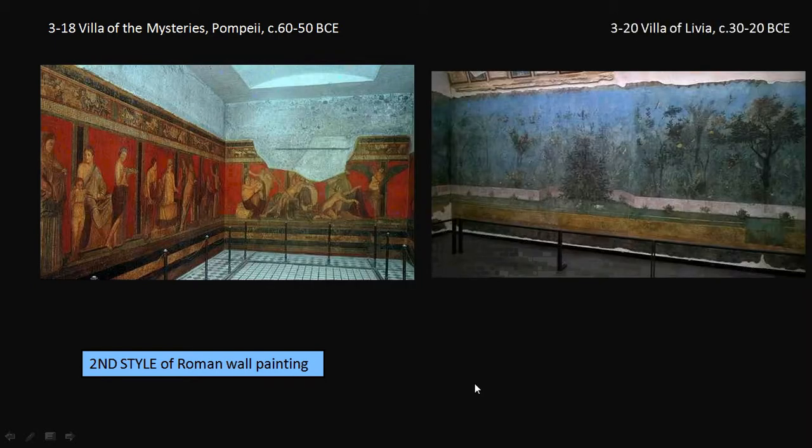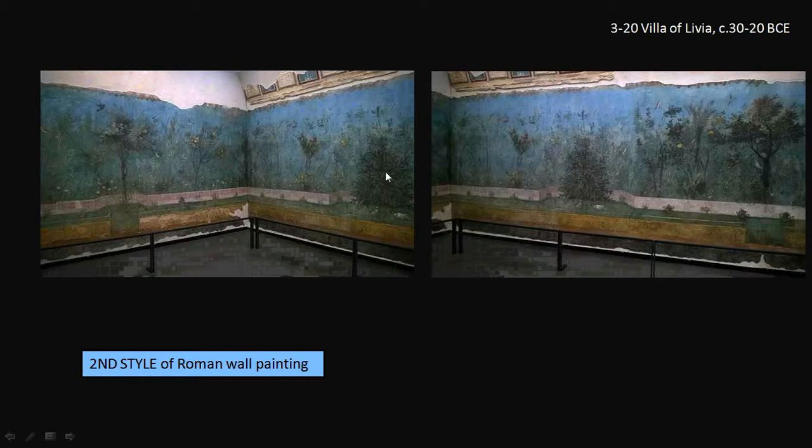We also see other second style paintings that try to emulate landscape. Here, the Villa of Livia shows us this gardenscape. It's really totally beautiful gardenscape, rendered in great dimensions, where we can see a small wicker fence in the foreground leading to a sort of central walkway that's fenced off from the wilds around it. And as we look around the room, we can see how really effective that illusionism is.